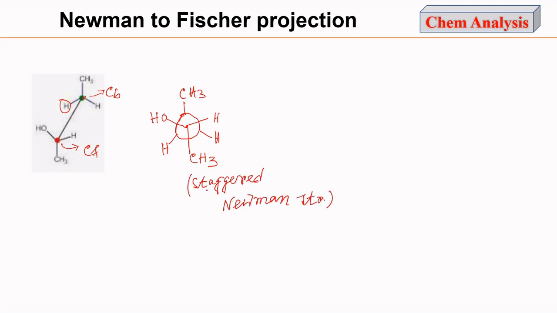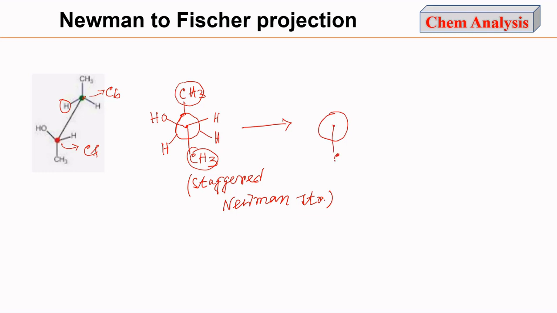We have to convert this staggered structure to its eclipsed form, and if we want to keep the two methyl groups in the Fischer projection formula along the vertical axis, we have to keep this methyl group in the eclipsed form in the Newman projection formula.